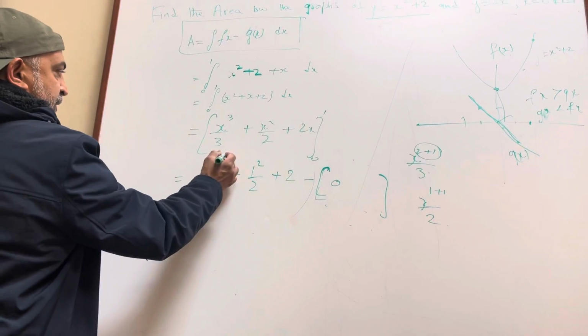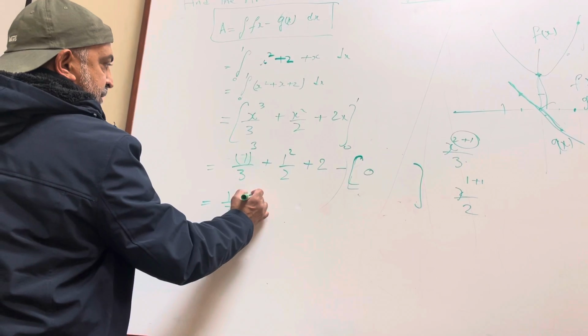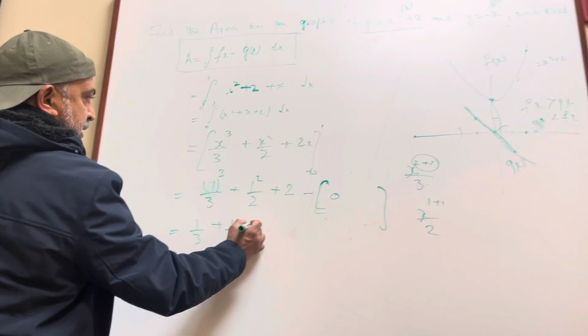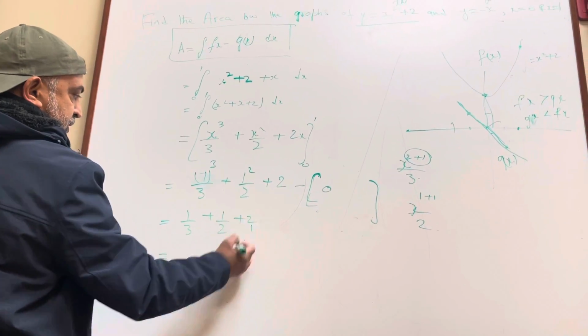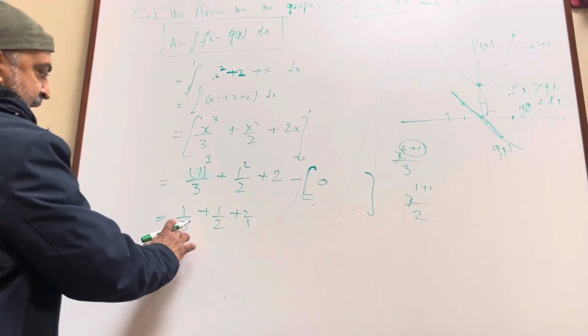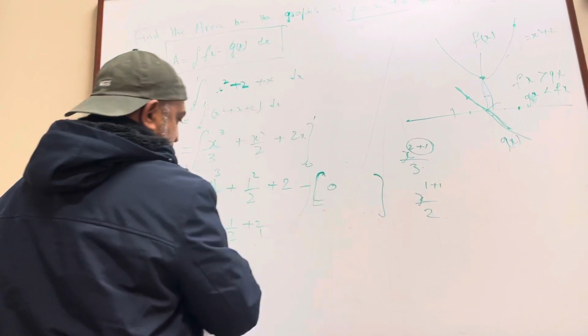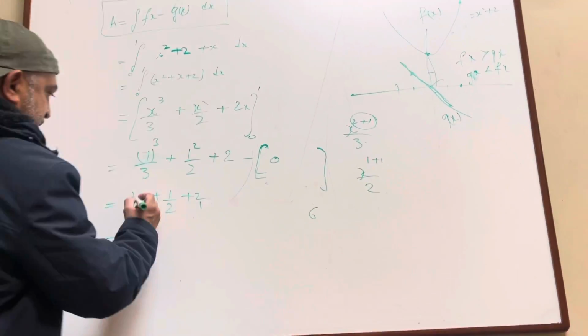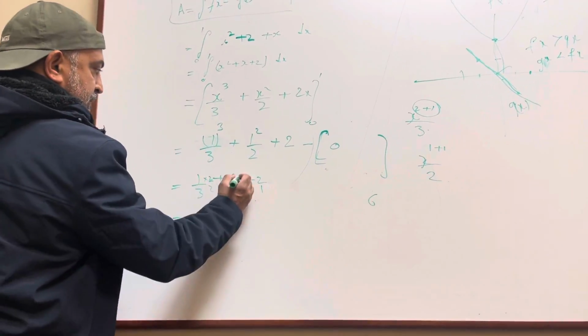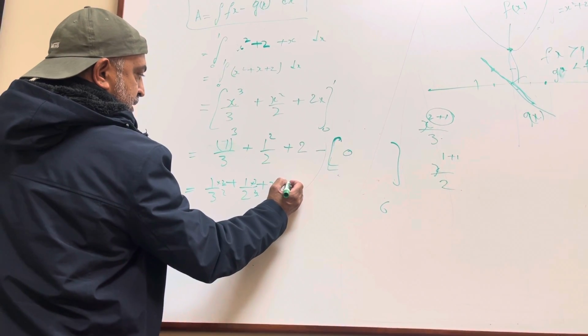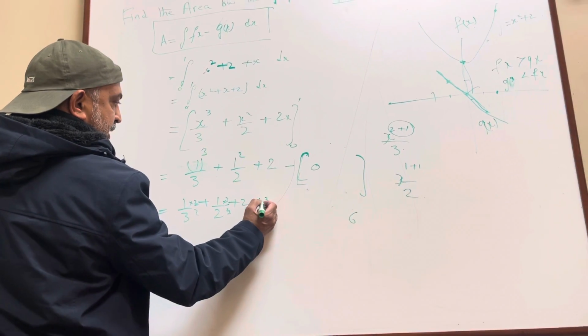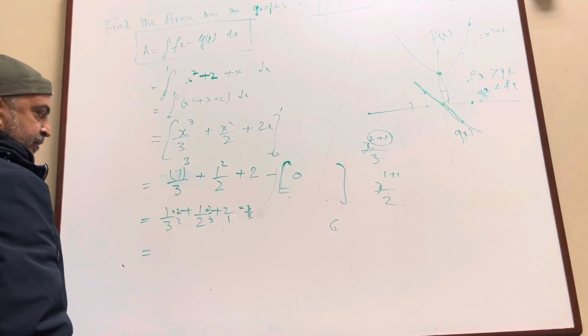And then you can solve: 1 cubed is 1, so 1 upon 3 plus 1 upon 2 plus 2. We can write 2 as 2 upon 1. Then the LCM, the lowest common multiple of 3, 2, and 1, will be 6. So I multiply the first by 2 over 2, the second by 3 over 3, and the third by 6 over 6.